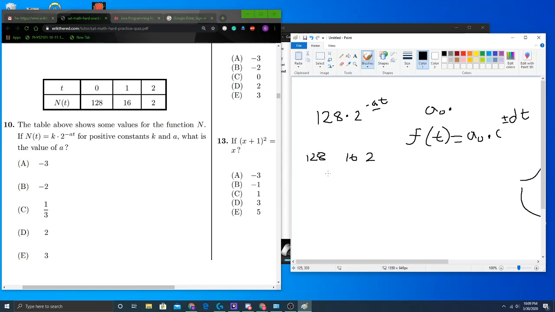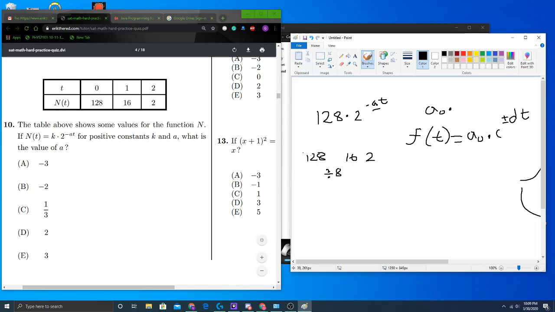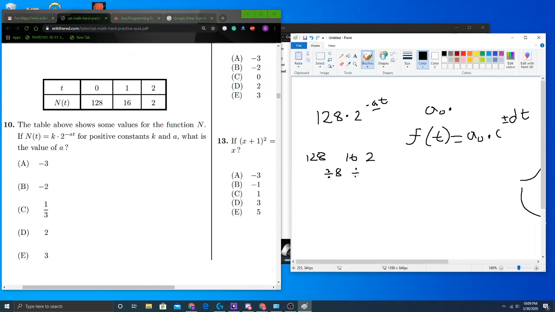I can already see a pattern. Every time you go plus 1 for t, you divide by 8. So by every increment that t goes up, you're going to have to divide by 8.